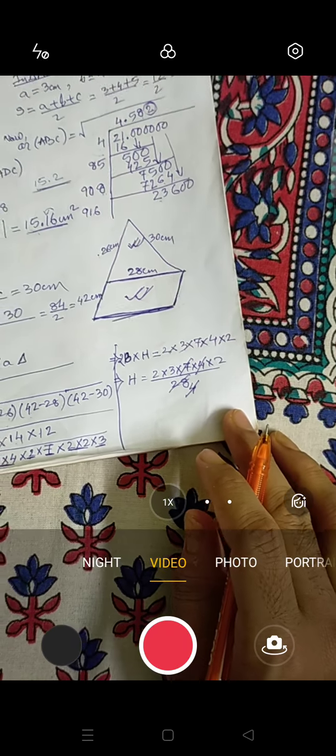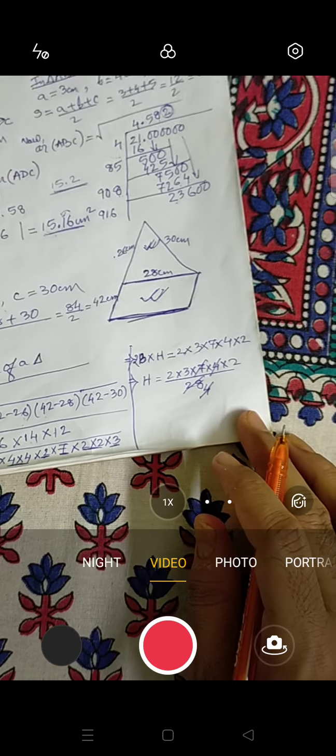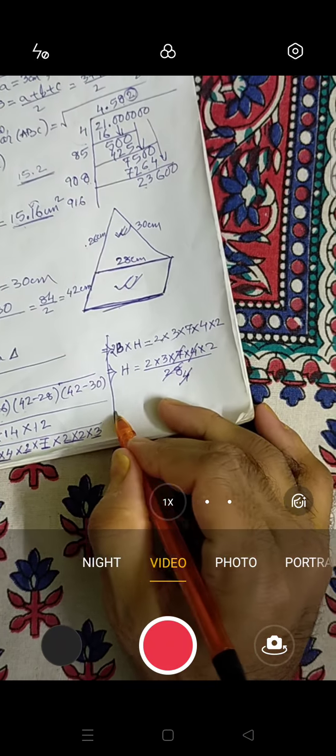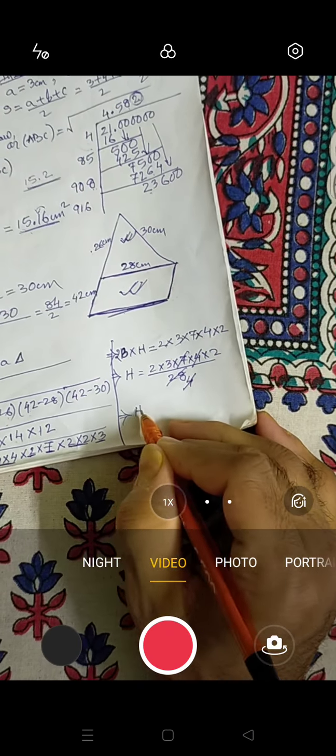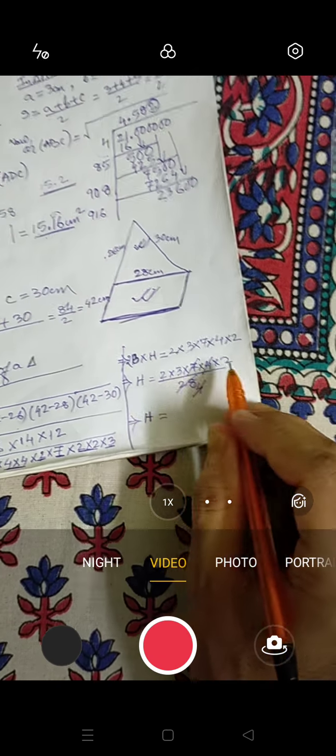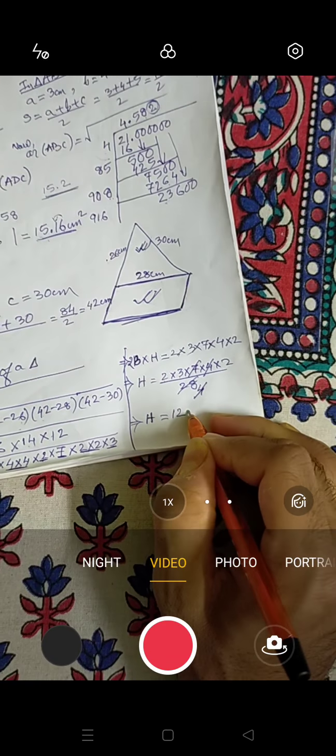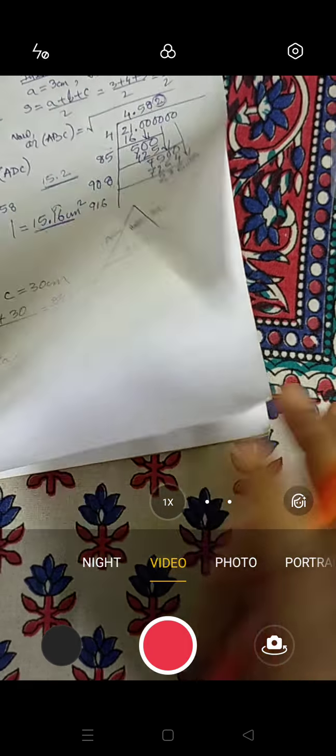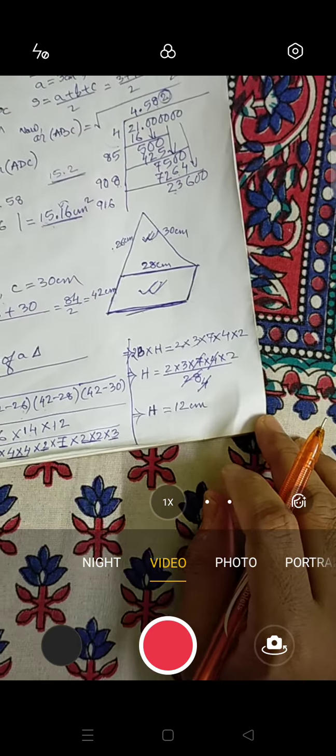You can cancel however you want. After cancelling, H is equal to 2 3s are 6, 6 2s are 12. That means the height of the parallelogram is 12. Any problem?